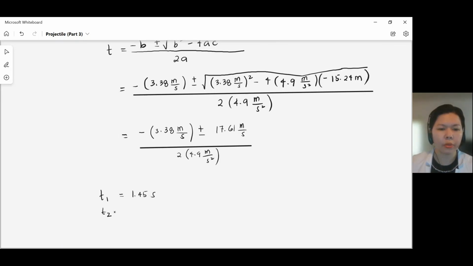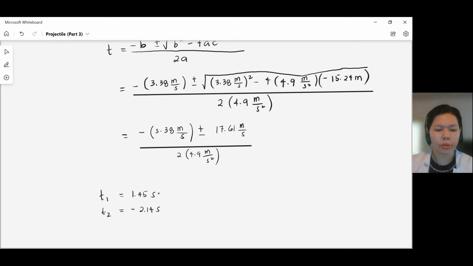And for t2, using the minus of this plus minus sign, execute negative 3.38 minus 17.61, divided by open parenthesis 2 times 4.9 close parenthesis, equals. You should get a negative answer, negative 2.14 seconds.